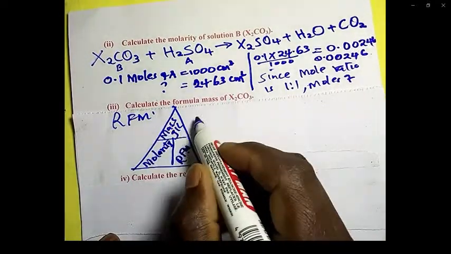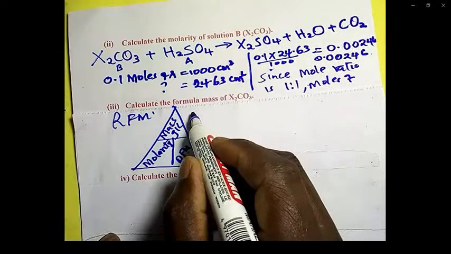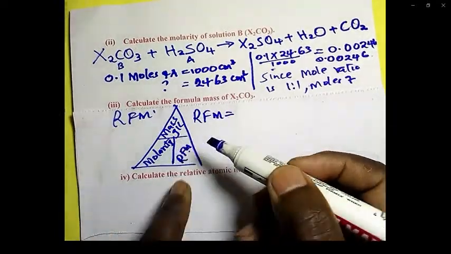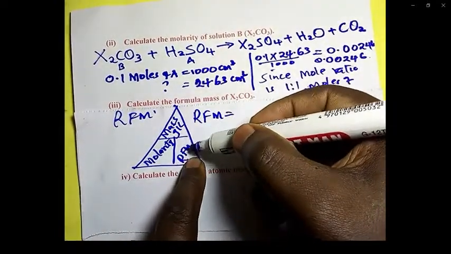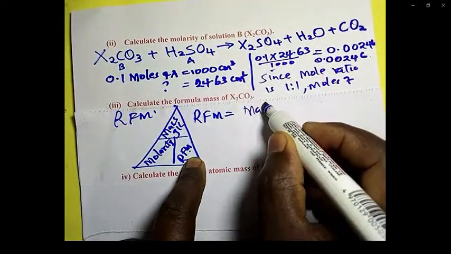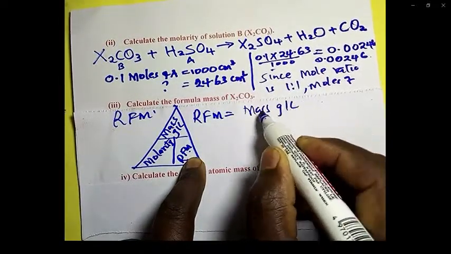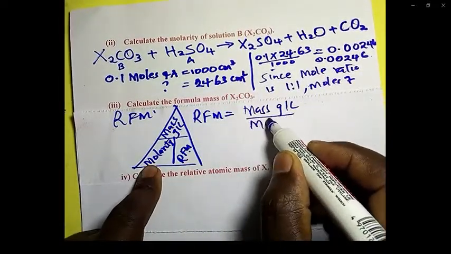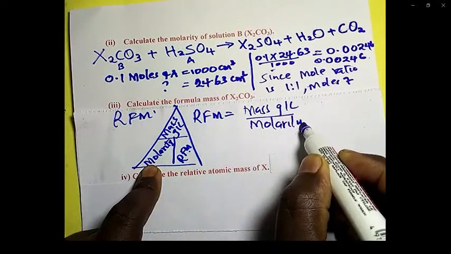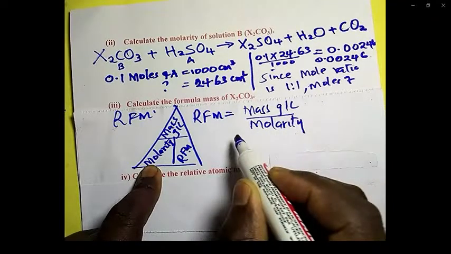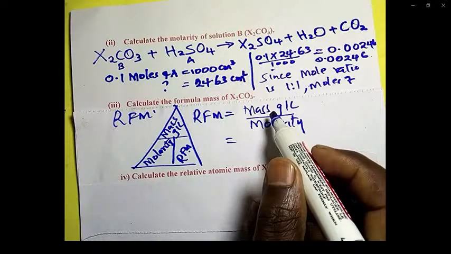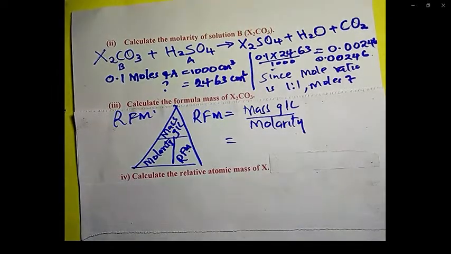Now we want to calculate RFM. RFM is equal to this one. You hold this one constant, and that is mass in grams per liter divided by molarity. Mass in grams per liter of the carbonate, you go back to our question.